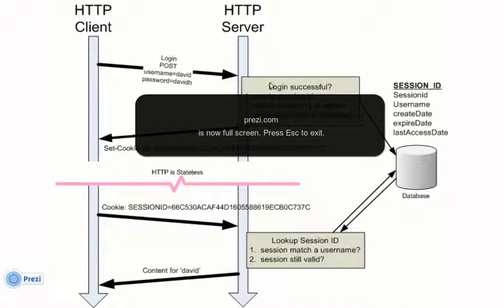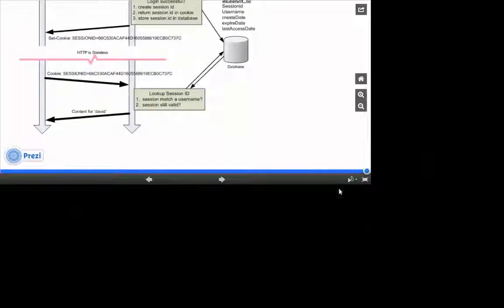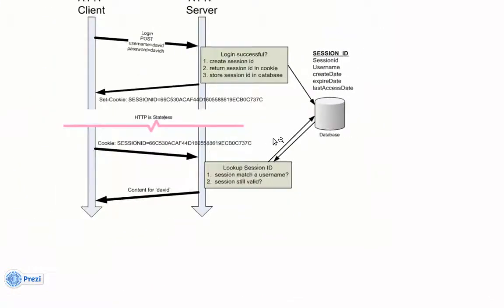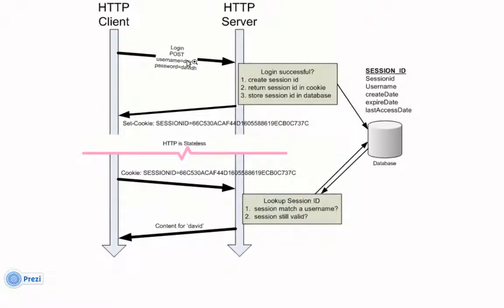The client is going to request the data. Sorry, the client will do a POST request, or a GET request can also be done, with some data. If login is successful, then return a session ID in a cookie. I am going to send something like this to the client using a cookie.